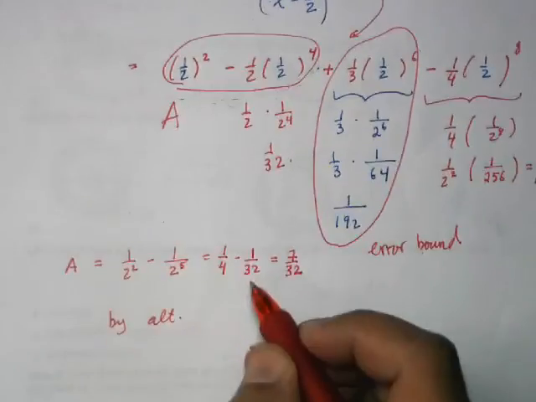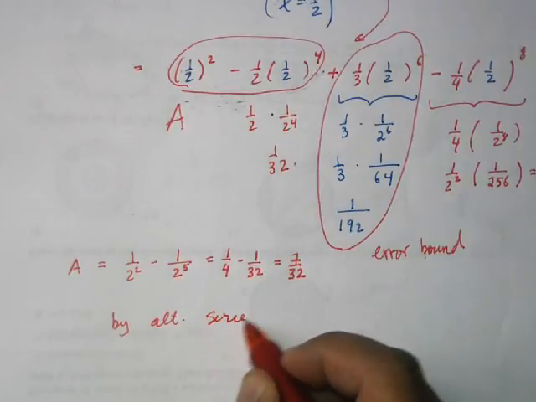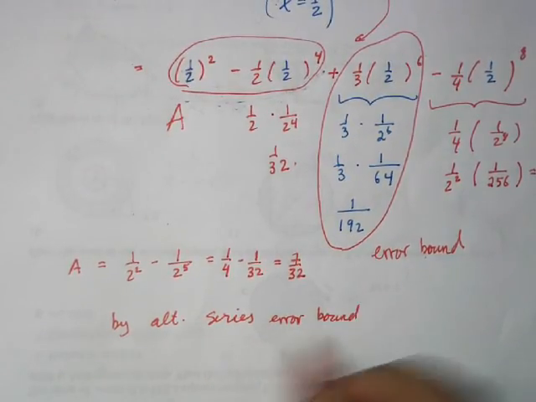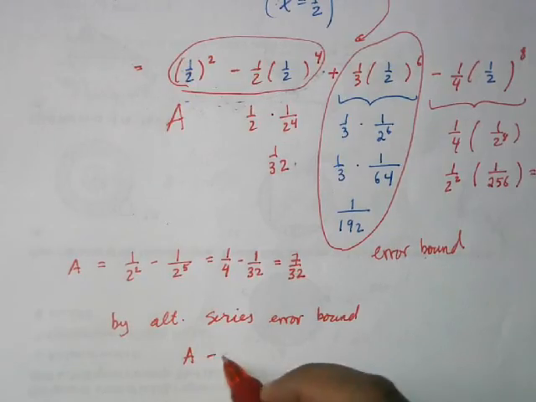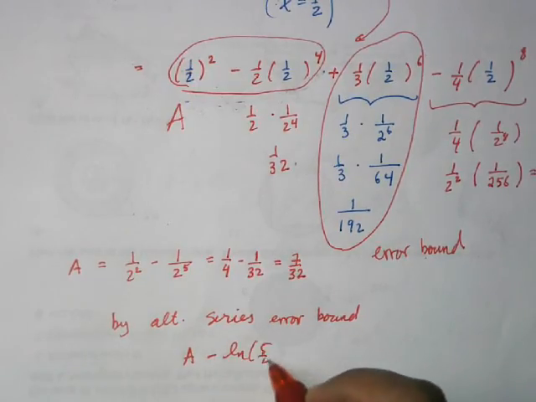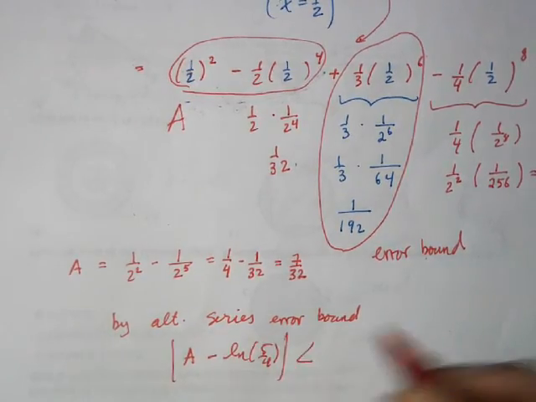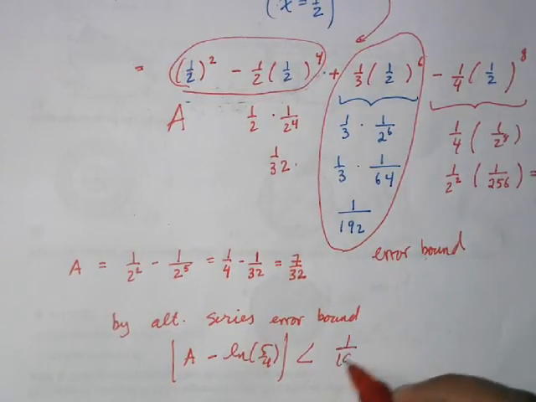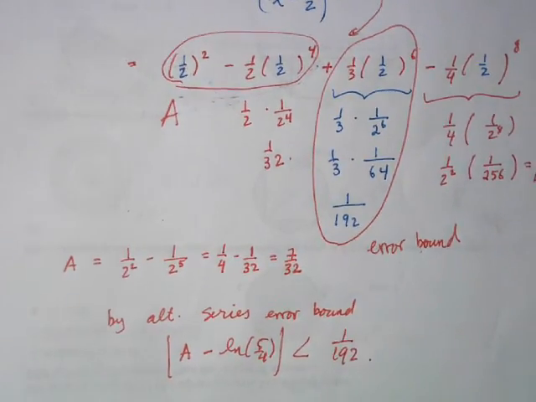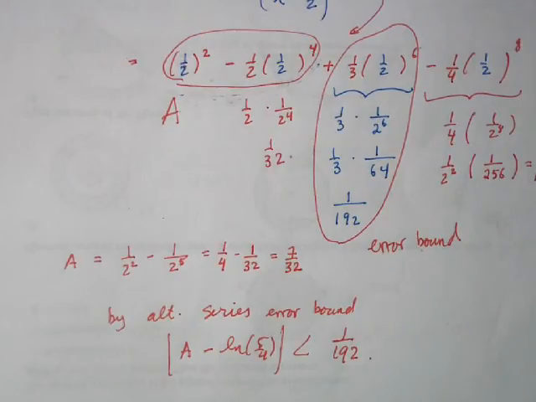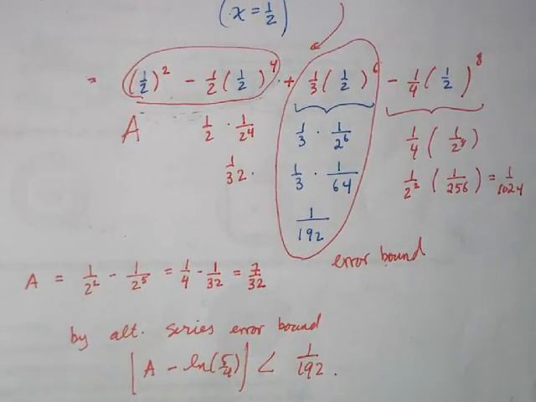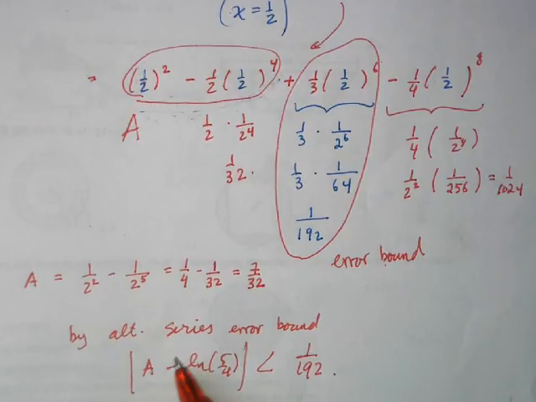So our answer here is that A is equal to 7 over 32, and by the alternating series error bound, A minus the natural log of 5/4 must be strictly less than the next term in the series, which is 1 over 192. And that sums it up.